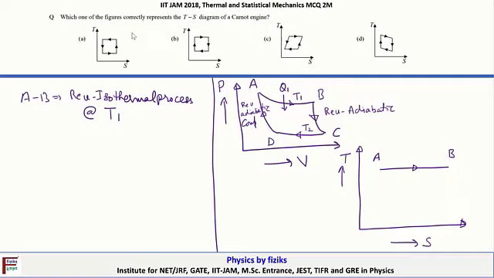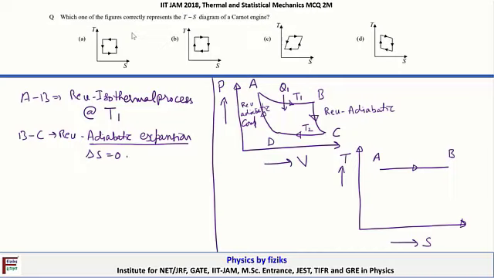Now the process B to C is again a reversible adiabatic expansion. We know that in a reversible adiabatic process the entropy change delta S is equal to 0, so this process will take place at fixed entropy.